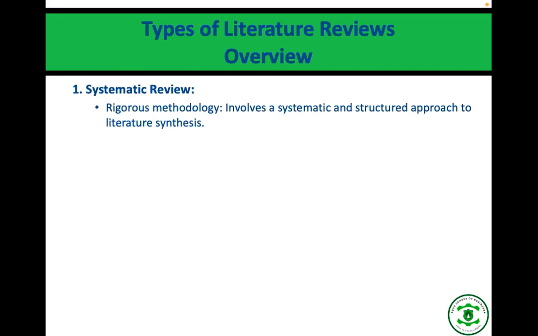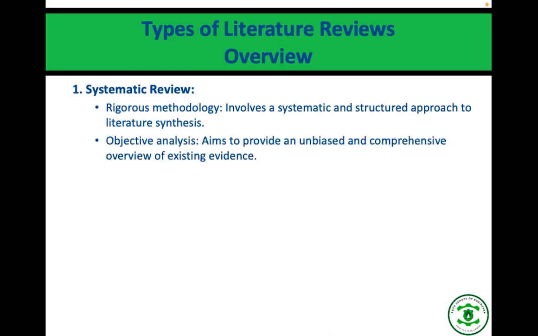It's a very rigorous procedure, and it involves a systematic and structured approach to analyzing the literature. Why are we going to be doing that? To provide an unbiased and comprehensive overview of existing evidence. For me, the catchphrase here is existing evidence. So one type of literature review would be a systematic review.